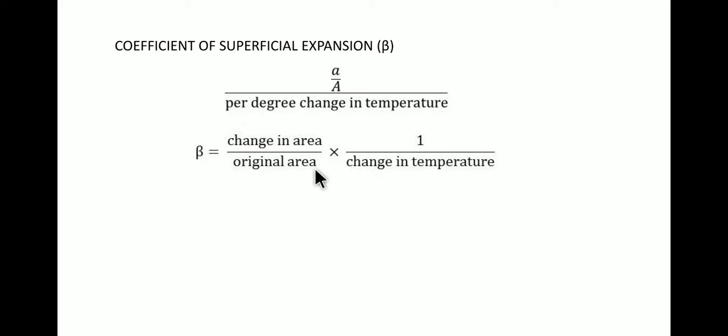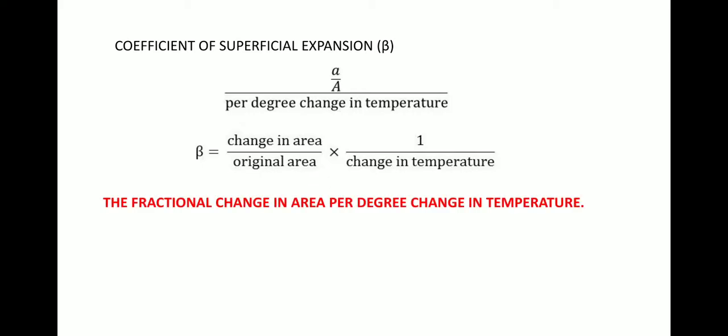So the coefficient of superficial expansion can be defined as the fractional change in area per degree change in temperature. Mathematically it can be represented as beta is equal to change in area by the original area times 1 by change in temperature, which is represented by small t.